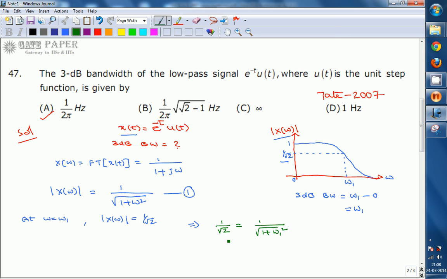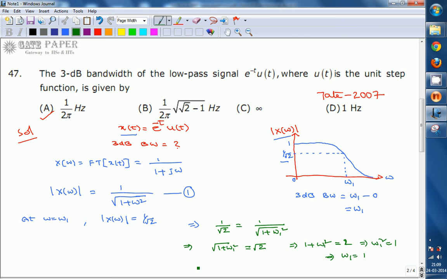So square root of 1 plus omega 1 square equals root 2. Cancelling the square root on both sides, 1 plus omega 1 square equals 2, then omega 1 square equals 1, so omega 1 equals 1.